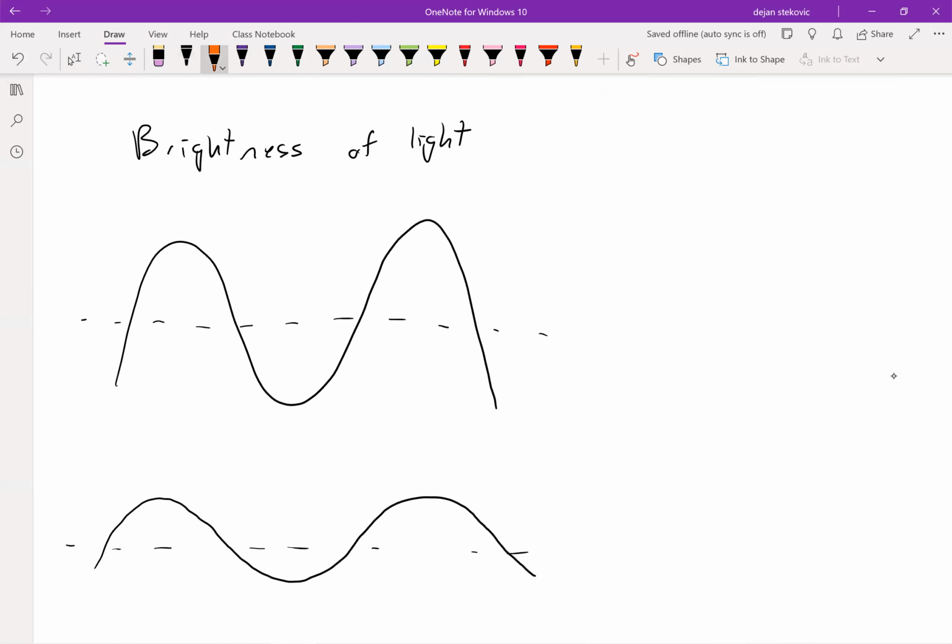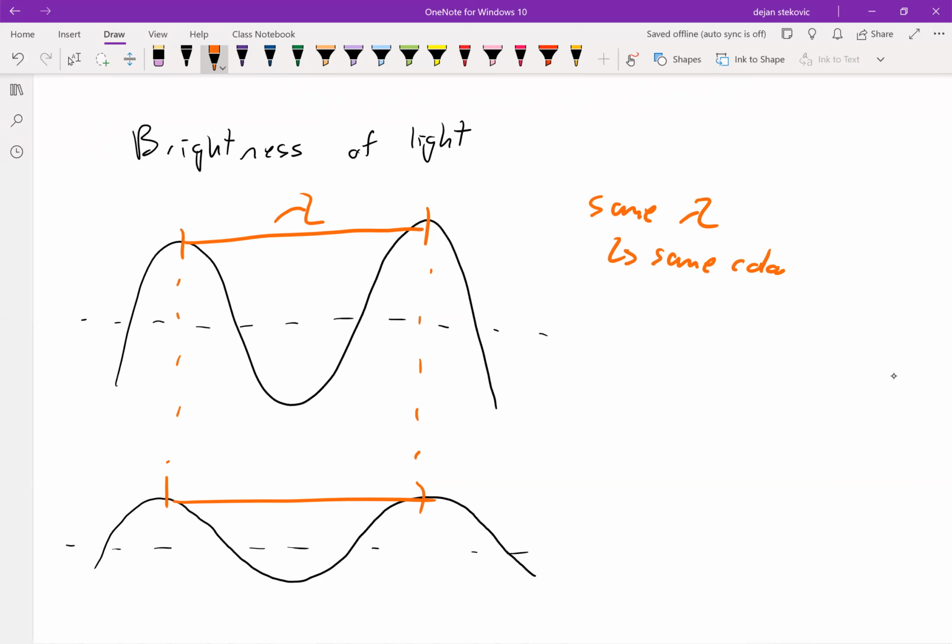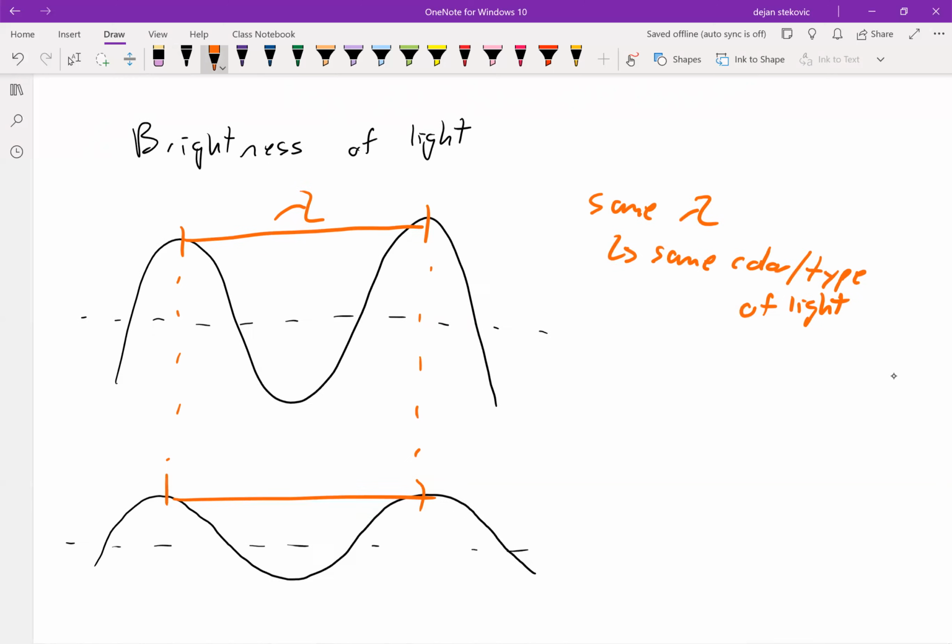If we take a look at these two waves, they have the same wavelength, or at least approximately. I've tried to draw it so that they have the same wavelength. Since they have the same wavelength, they're the same color or type of light, so they're both either red light, or both blue light, or both radio waves, whatever that wavelength is.